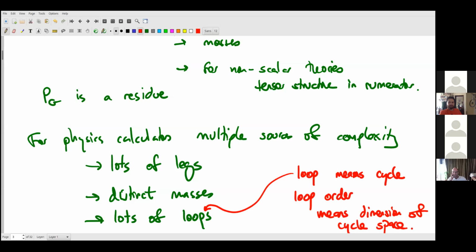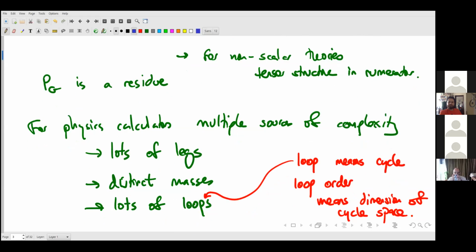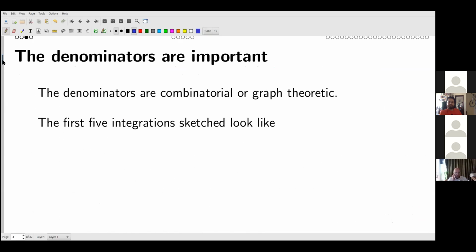And that's the most useful measure of how big a graph is in this world. Okay, I think most of you don't care about that. So let's go on to think about this actual integral. Now, the denominators are important. They're really what's controlling what's going on with the integrals, and it doesn't matter too much which hat you're viewing this world with.